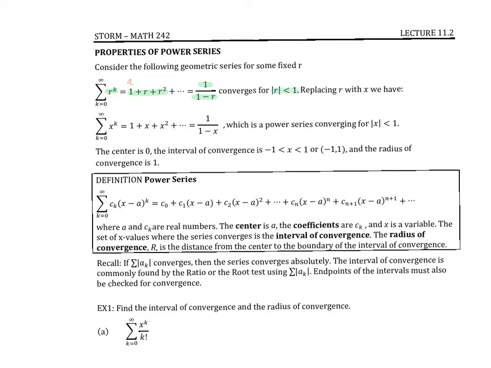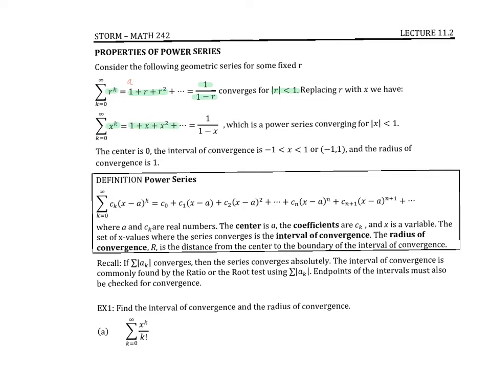So why don't we replace this r, which in a geometric series is some constant that does not change, with x, which is a variable and can change. So x is simply any real number. Expanding the series out, we have 1 plus x plus x squared, and so on.